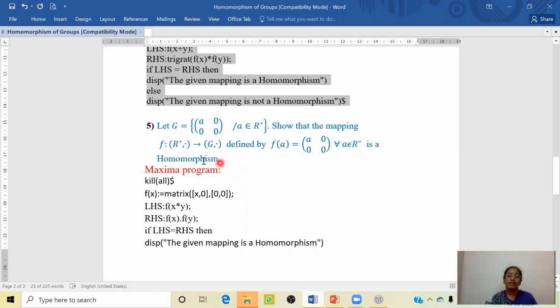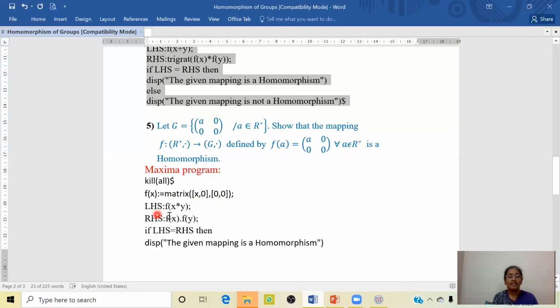So here the definition of f is a 2 cross 2 matrix. When we give the definition of f of x, once again colon equals, since it is a matrix we need to give the matrix command, which is a built-in command. Open the ordinary bracket, put down the row entries in square brackets: x comma 0 and 0 comma 0.